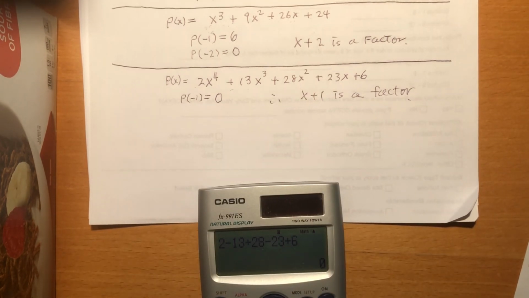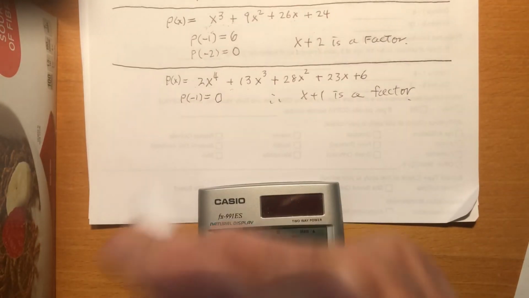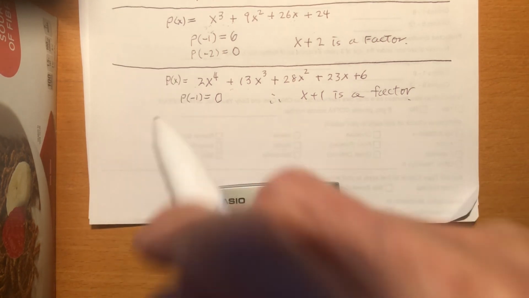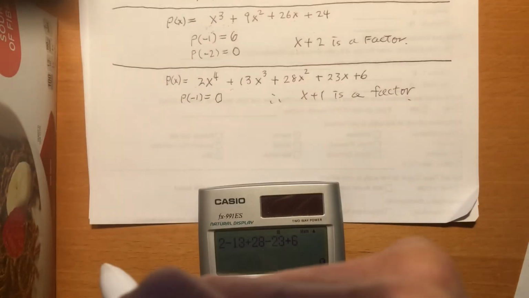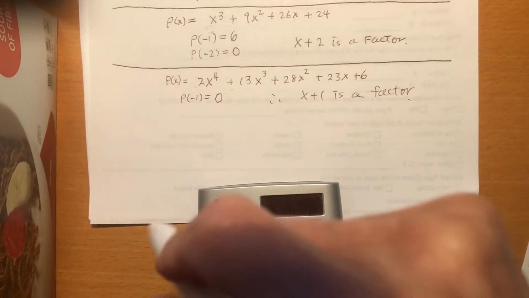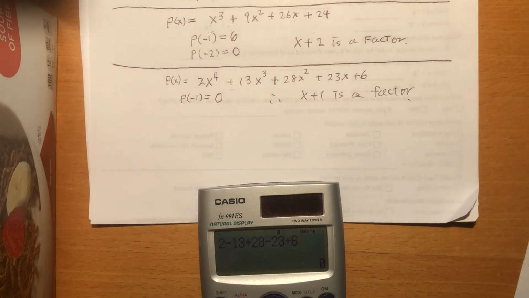So this is how you use the factor theorem. You start with the smallest numbers, 1 and negative 1, and use a calculator to get your results. If the result is not 0, then you increase the number a little bit at a time until you get a 0.